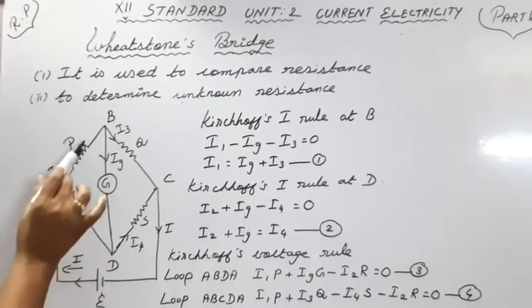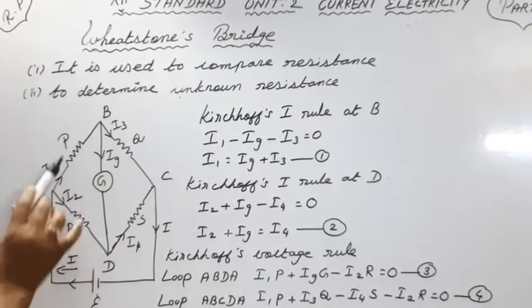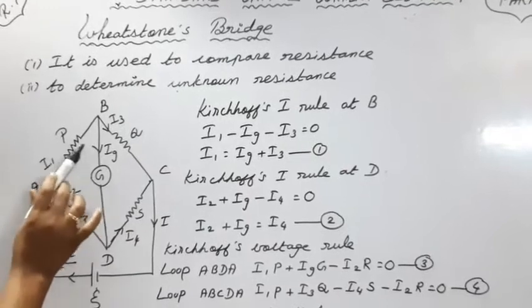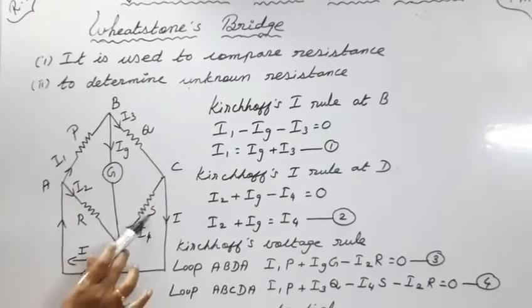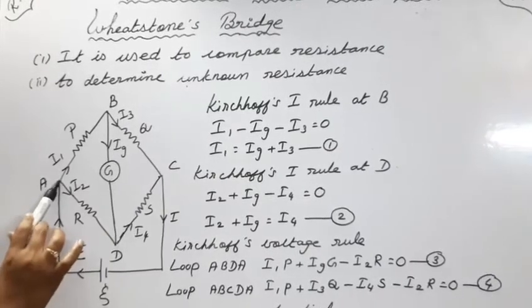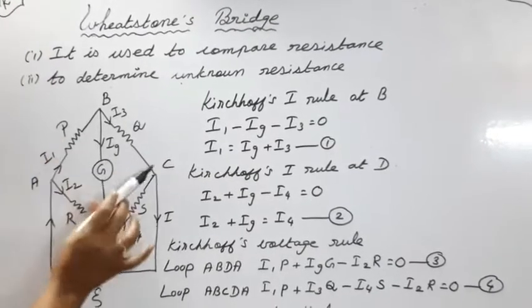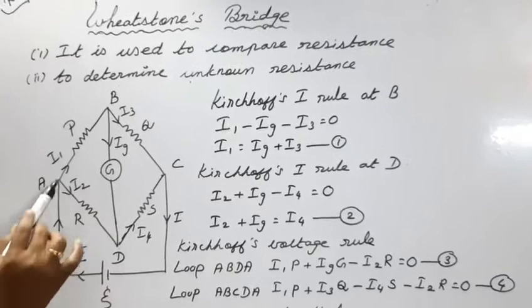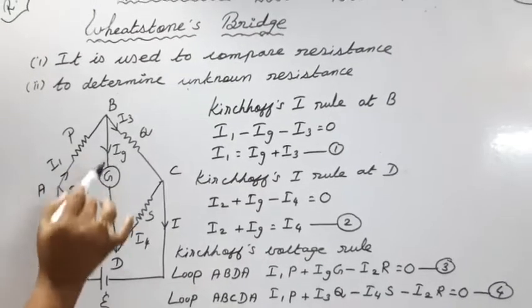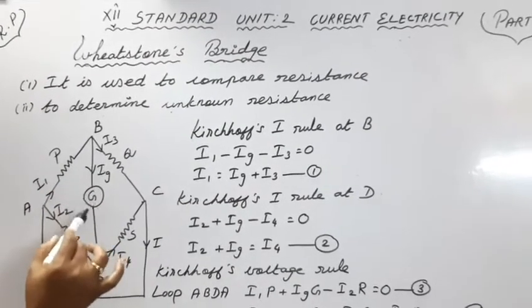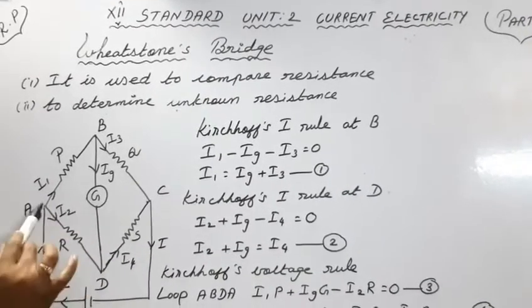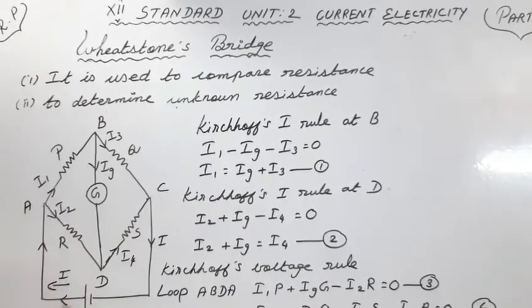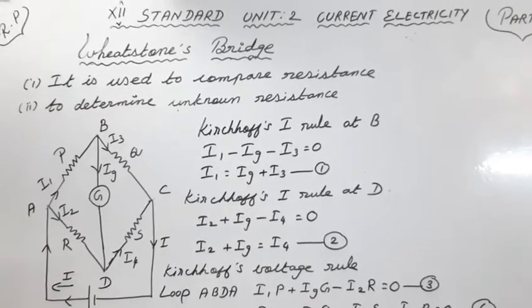Suppose you take one network, in which the four sides have four resistances, that is P, Q, R, S, and the points we represent as A, B, C, D. Then in the middle portion we connect BD, in between which there is a galvanometer, and across the points AC we connect one battery. The battery EMF is psi.